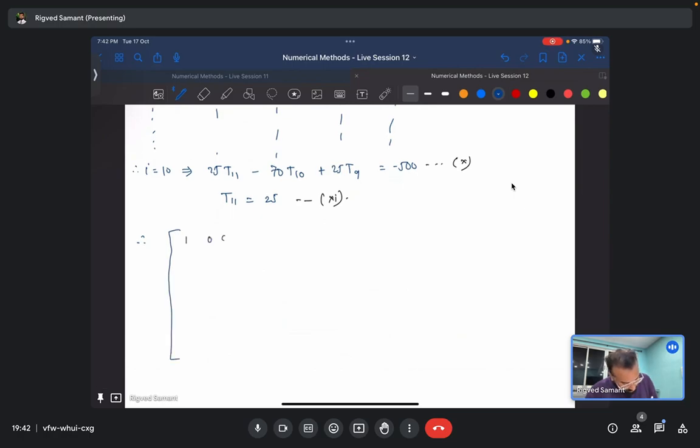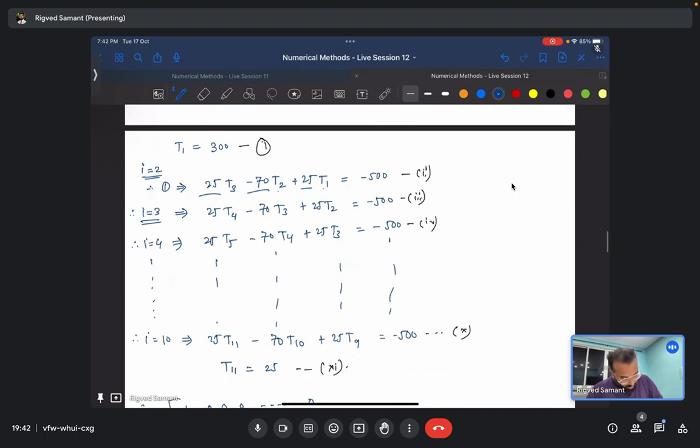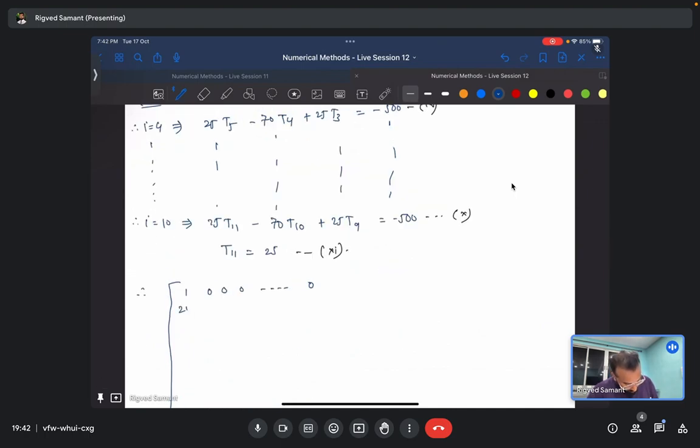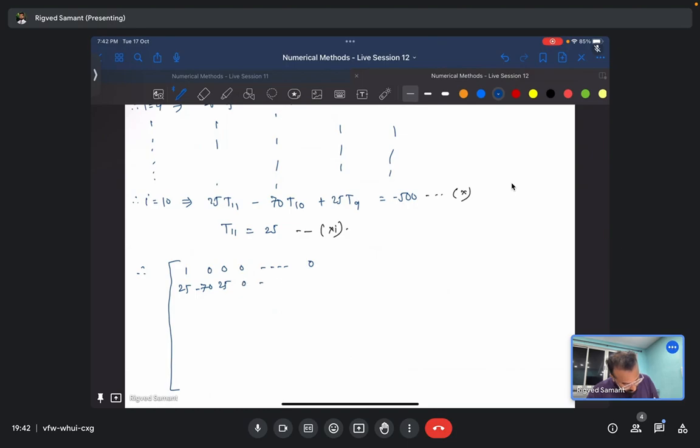So first would be 1 0 0 0 till 0. Second would be 25, minus 70, 25, the coefficients of T1, T2, T3. Then the third row, first element would be 0, right?